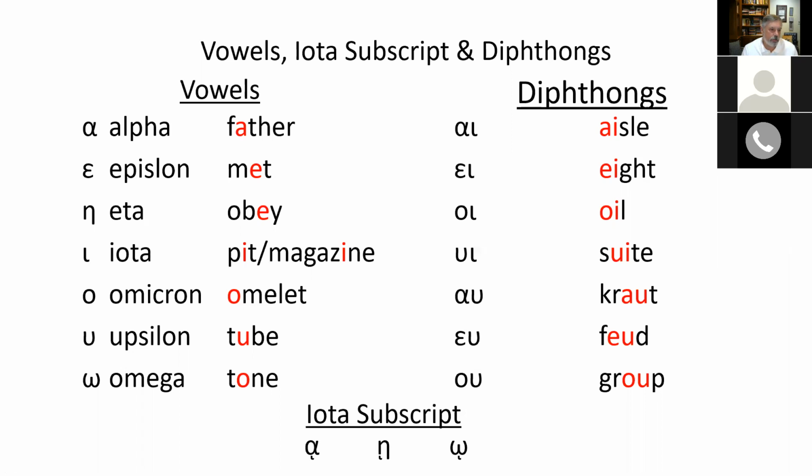It is essential because we'll begin to see, not so much tonight but next week, this subscript iota being significant in terms of our translation. But it does not affect the pronunciation or the sound of the letters or the word at all. You pronounce it the same way as if it's not there. But it does affect how we translate it. So this is a quick overview of the vowels, the diphthongs, and the iota subscript.